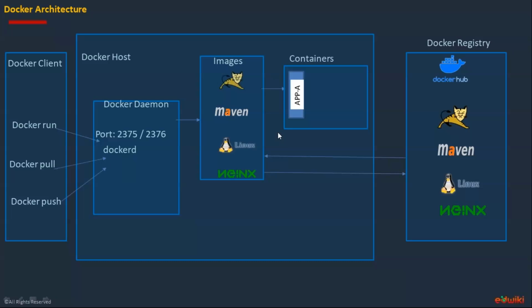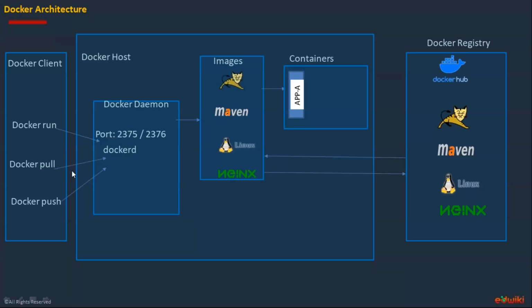For any reason, if the application is not running inside a container, the container itself will be stopped. That means if the container has to be up and running continuously, we need to ensure that the application inside the container is also running and healthy. For any reason, if the application is not running, your container will not run.